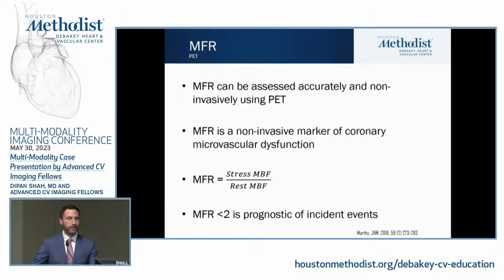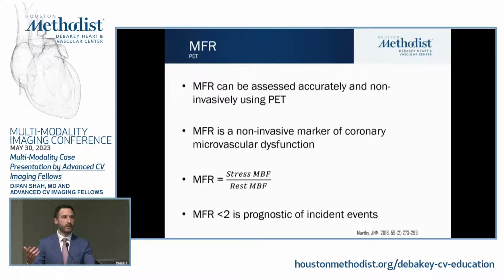I'll finish that case a little bit later, but let me tell you a little more about myocardial flow reserve and myocardial blood flow. As I mentioned, MFR, myocardial flow reserve, can be assessed accurately and non-invasively using PET. It's a non-invasive marker of coronary microvascular dysfunction, and it's calculated as your stress myocardial blood flow divided by your rest myocardial blood flow.